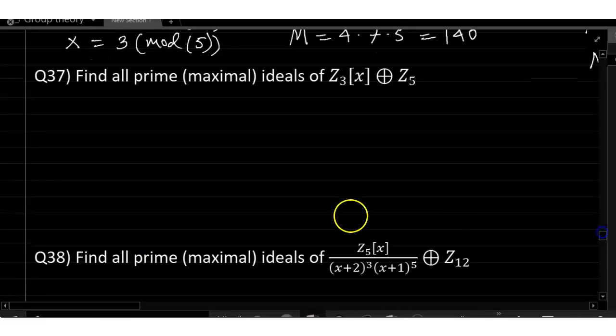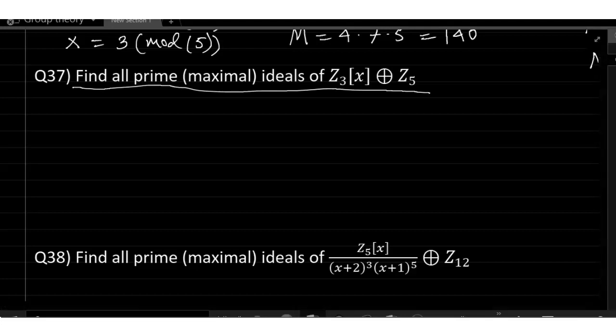Now we will solve the next problem. Find all prime and maximal ideals of Z3[x] plus Z5. Solution.